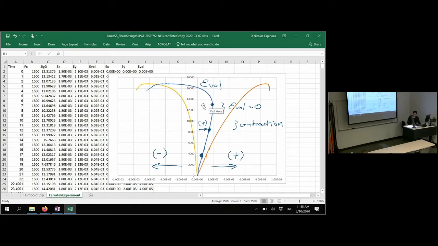But when I go from 13,000, let's say, to 16,000 over here, I clearly see that now the change in volumetric strain is negative. And that is telling me that I have a dilation.